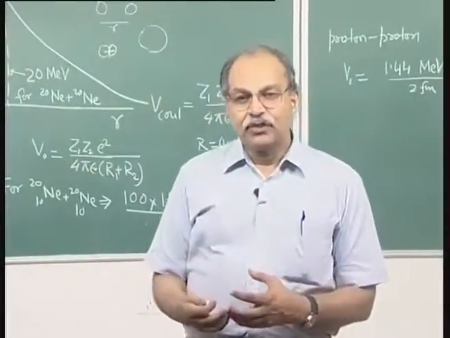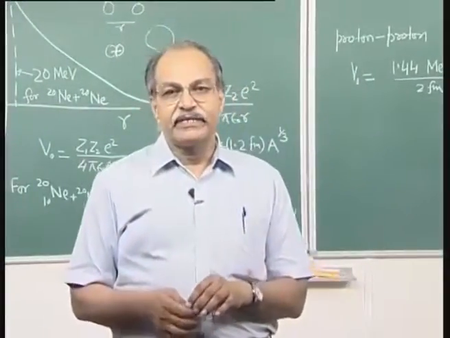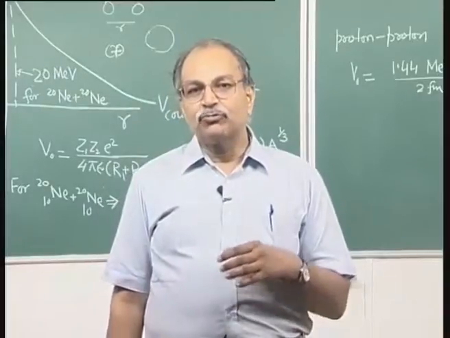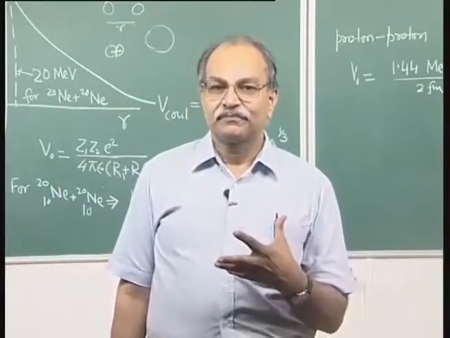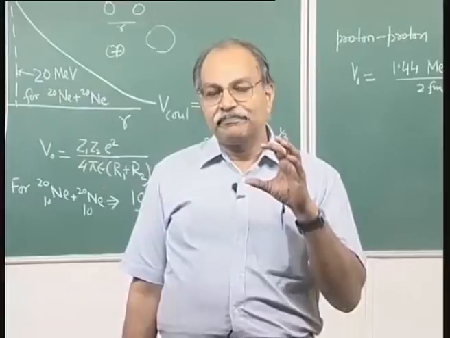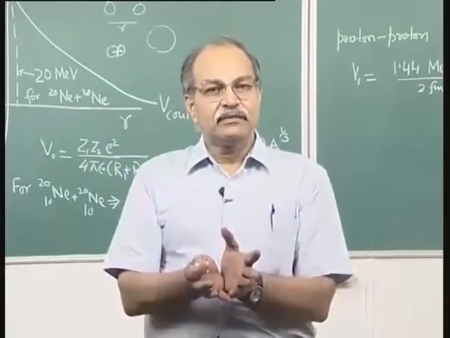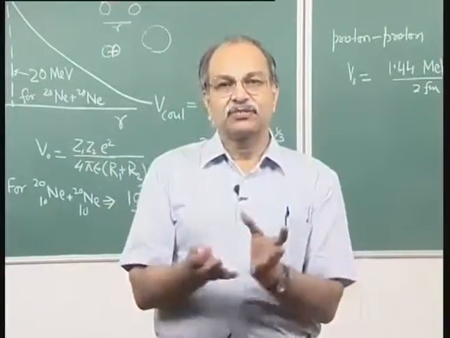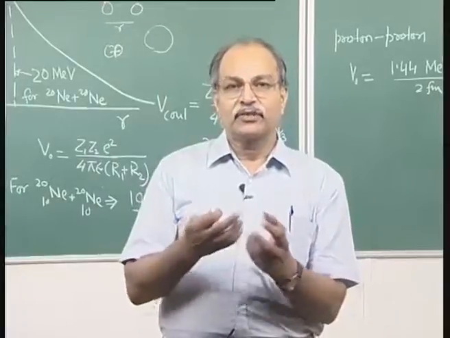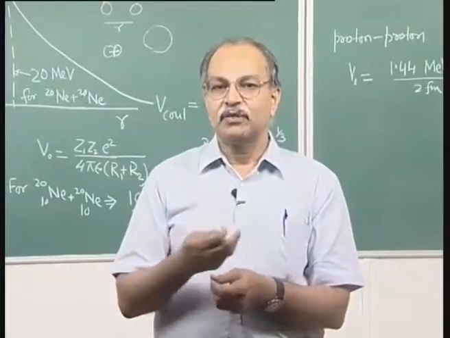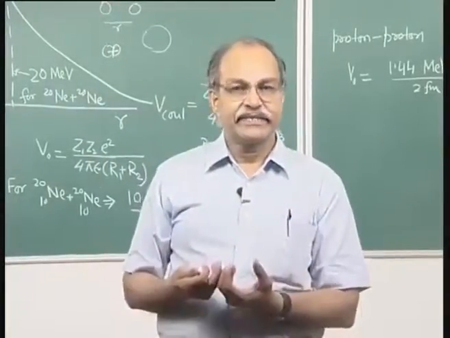Another way to get this initial kinetic energy is through random thermal motion. If we think of any system, a gas, the molecules or the particles are in random thermal motion and they have some kinetic energy.